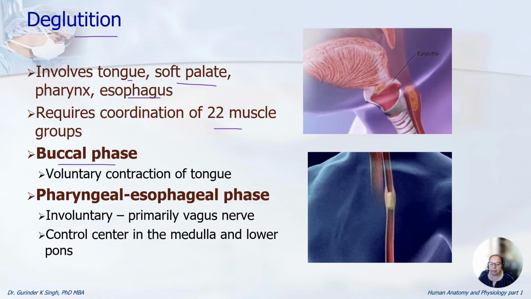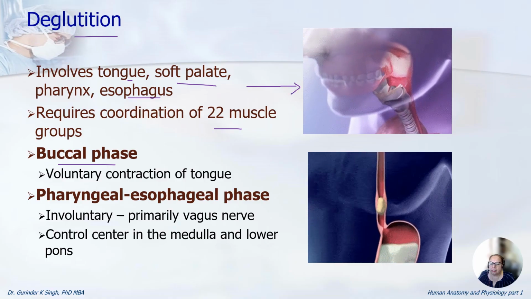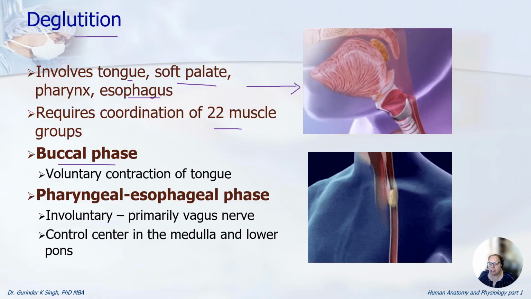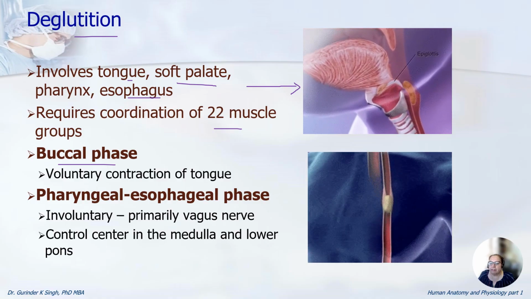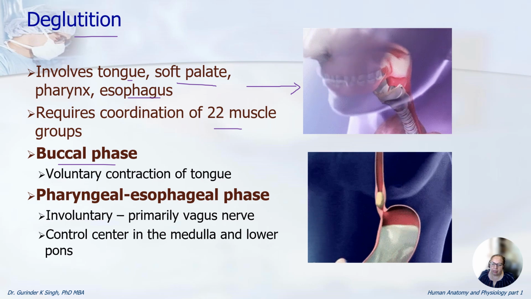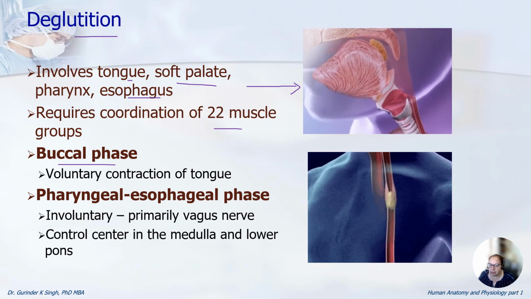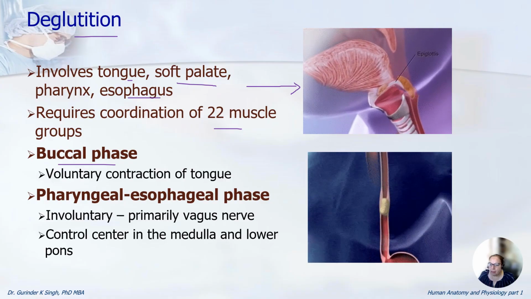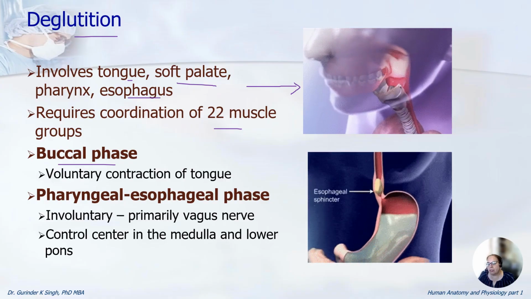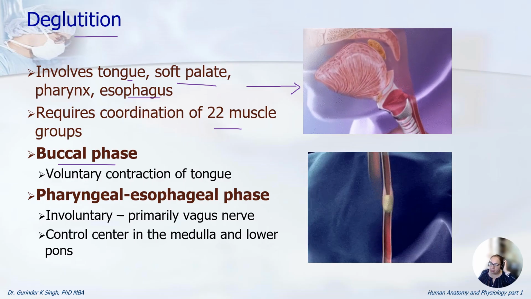I want you to pay attention to this video playing here. You can see how the tongue moves. Look at how it keeps changing its shape. It's lifted upwards and touches the roof. And then pharyngeal constrictors are involved. The uvula is involved too, and the epiglottis is involved too, because it has to close your trachea.